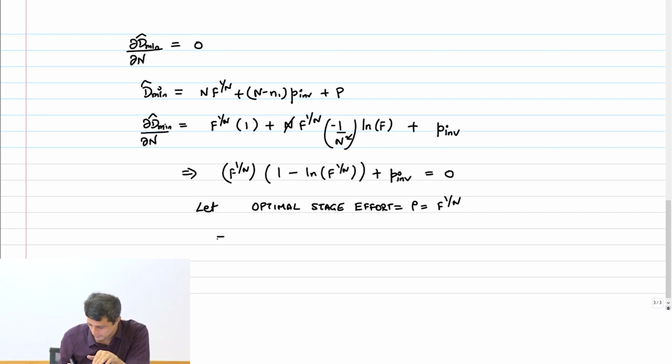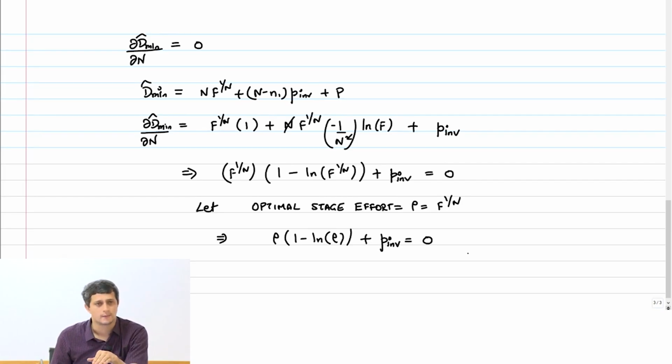Implies the equation that I want to solve is rho into 1 minus ln of rho plus P in equal to 0. Now, if P in is 1, we are talking about a standard static CMOS inverter, then this will simply become rho into 1 minus ln of rho plus 1 equal to 0.